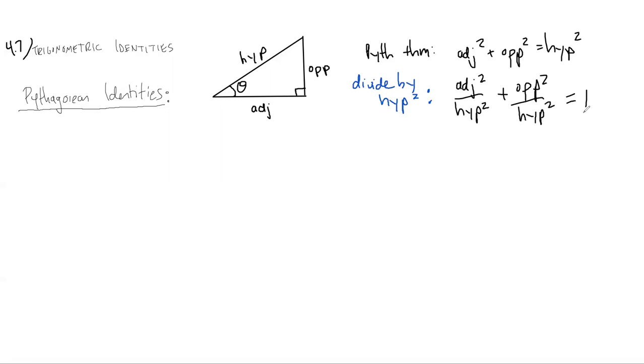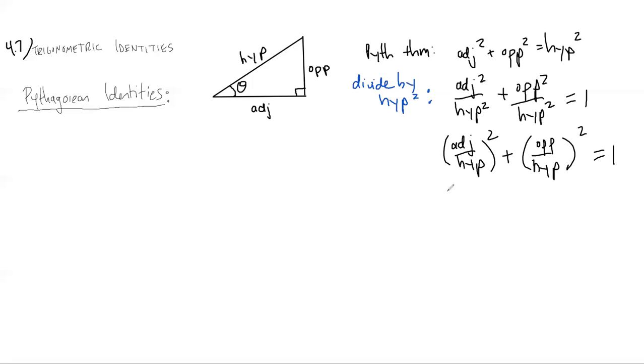And I'll get 1 on the right-hand side. And we can just repackage those squares as adjacent over hypotenuse squared, opposite over hypotenuse squared equals 1. So I haven't really done anything there.